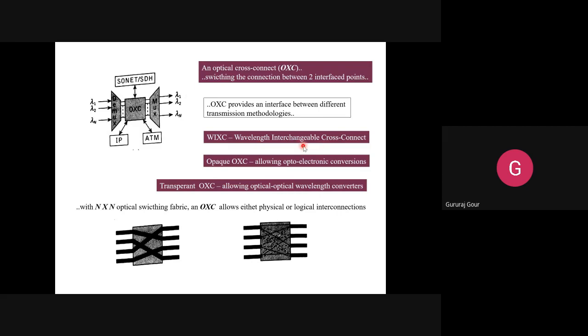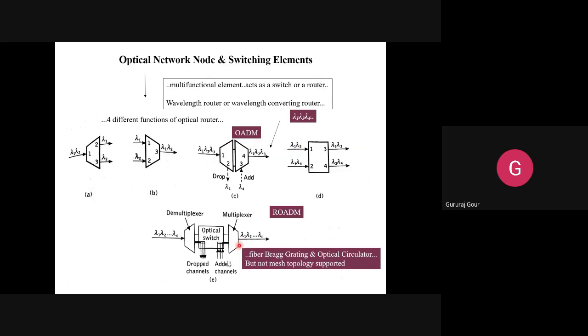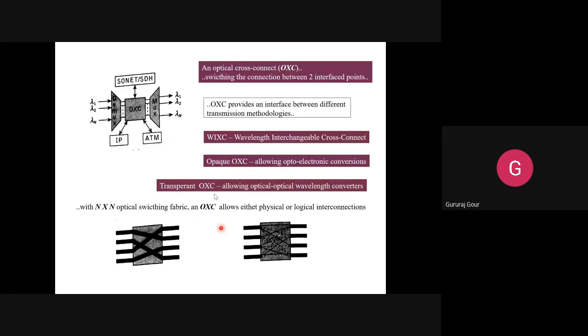Here you can see this ROADM is going to give you the flexibility of reconfiguring, meaning dropping or adding the desired number of wavelengths. But if you include this OXC, that is WIXC, along with adding and dropping, it will also allow you to do the wavelength conversions.